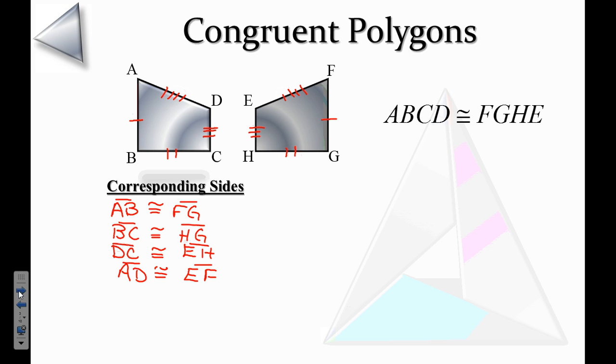We can also say that their corresponding angles are congruent. So which would be congruent to angle A? Angle F. We show that with 1 arc. How about B?